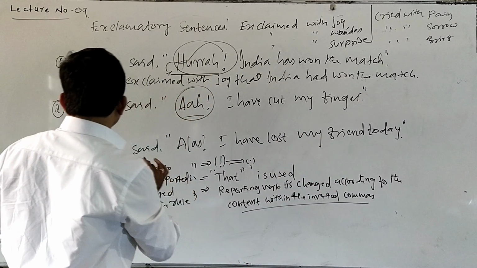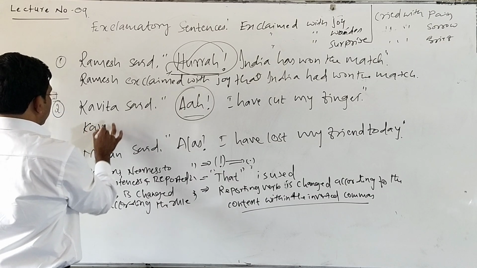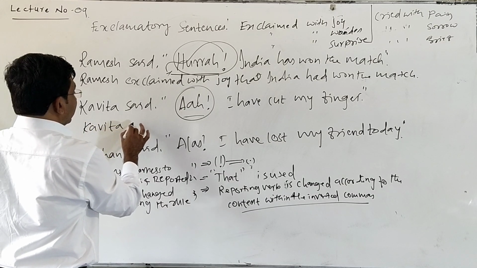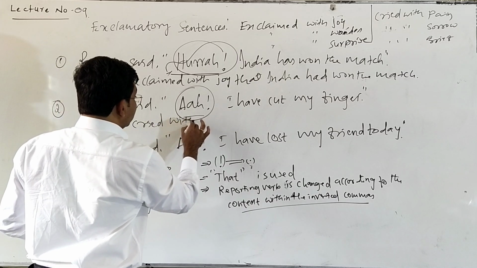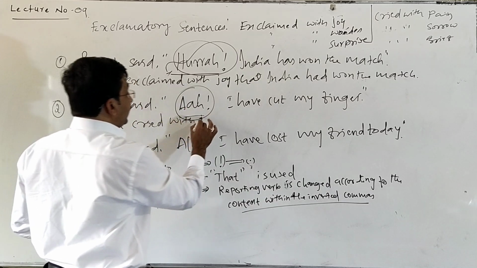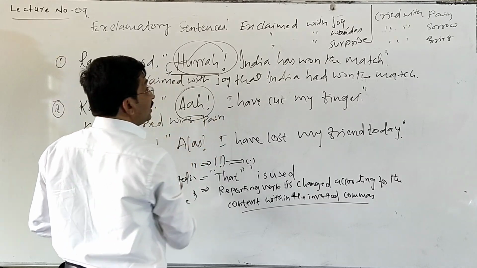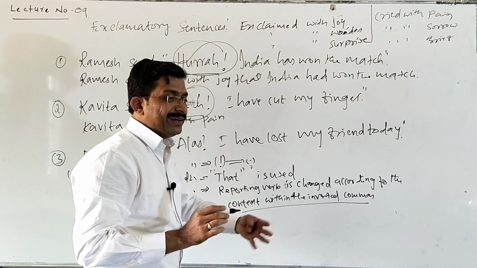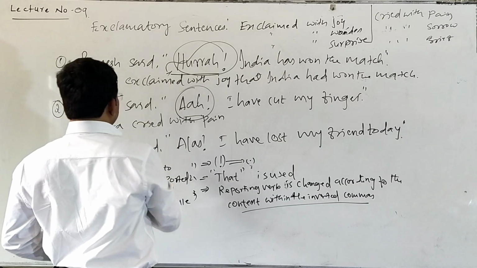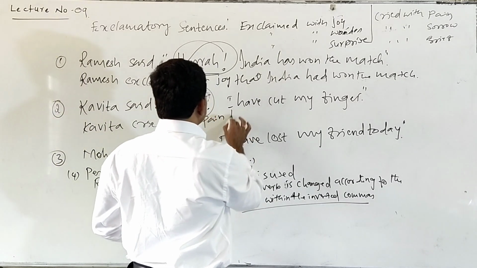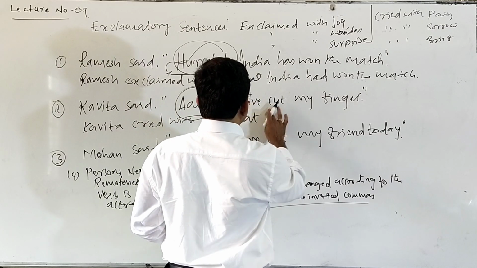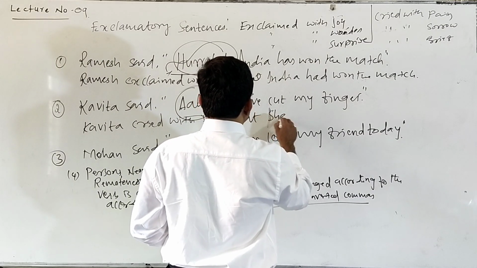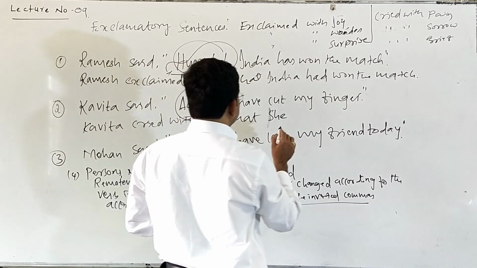Okay, Kavita cried, not exclaimed. Cried with her pain, sorrow, grief; the intensity increases. Kavita cried with pain that she, not he, she, since it is Kavita.